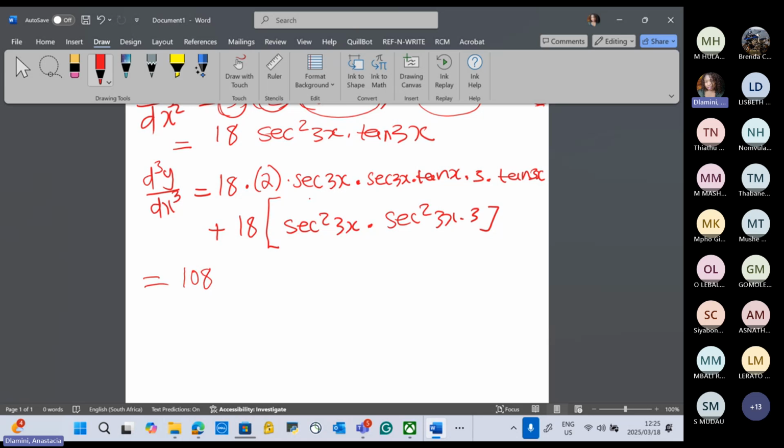Then you have sec times sec, so sec to the power of 3x, because it's sec times sec. Then you have tan of 3x times 3x squared. Then you have plus 18 times 3.